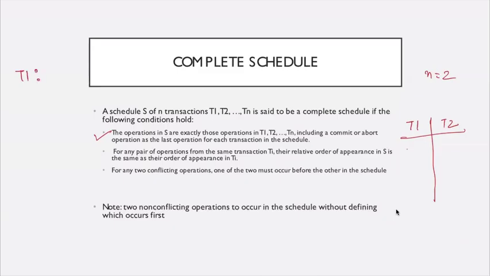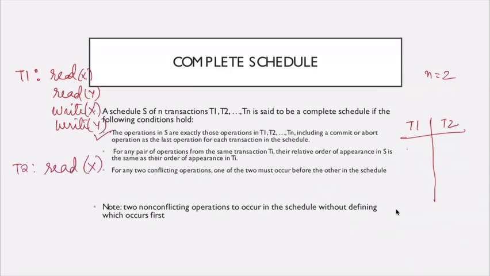So if T1 has read X, read Y, write X, and write Y. These are my operations of T1, and in T2 I have read X and write X.